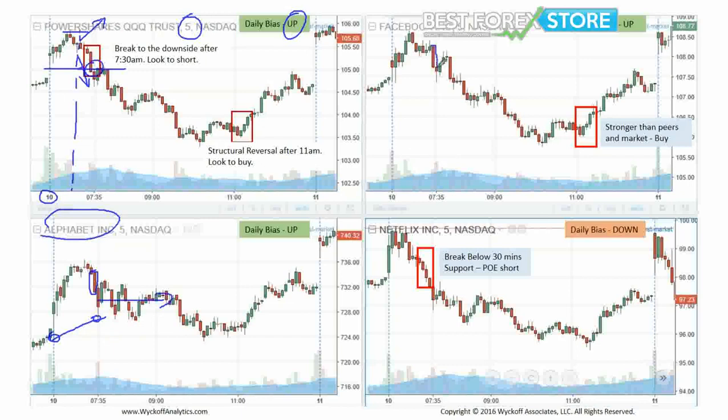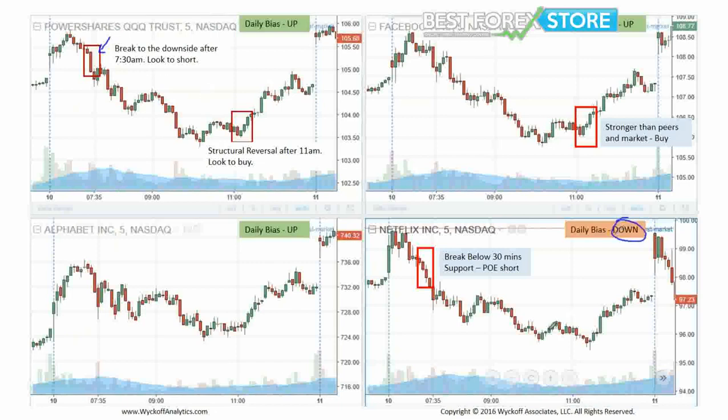This was a much better move right here, but we would probably never put on the downtrade here because of how strong the stock is, and it's still stronger than the market at this point right here. So the only candidate for us, when the market is showing us an intraday commitment, is the one that already has a down bias.